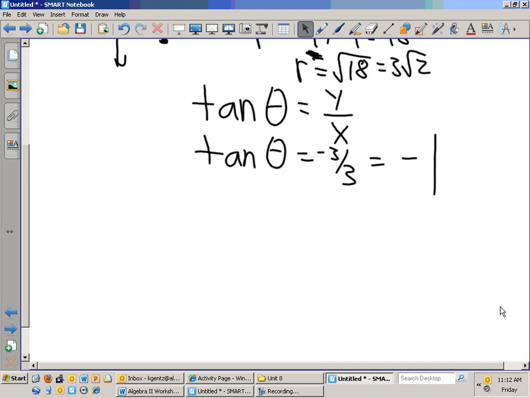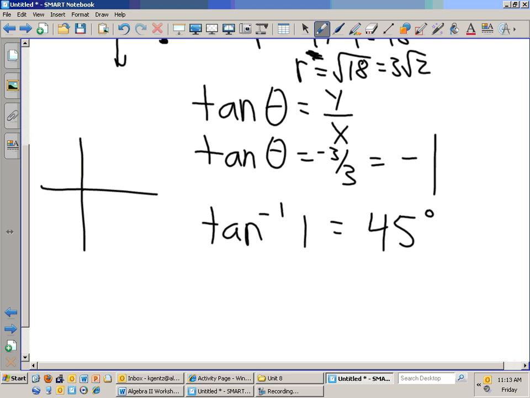Okay, so tangent theta is equal to negative 1. We said I'm working in the fourth quadrant. When you type it into your calculator and you do tangent inverse of 1, you get 45 degrees. As you make your little picture, you're in the fourth quadrant, 45 degrees.